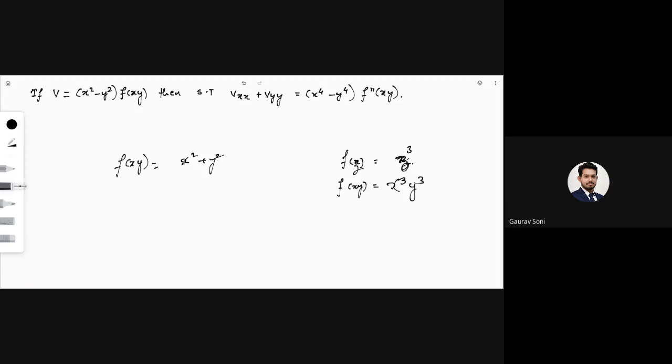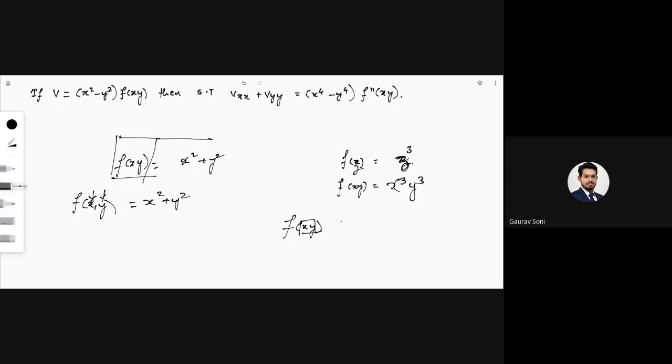So now can you understand the meaning of x into y? F of xy is not written f of x comma y. If it is x comma y, it means f is a function involving these two variables. But f of xy means that here f is a function of x into y.